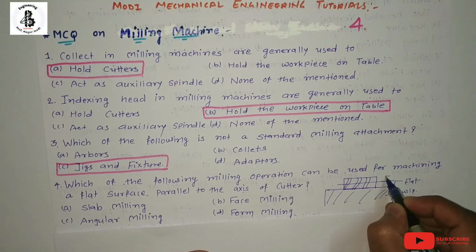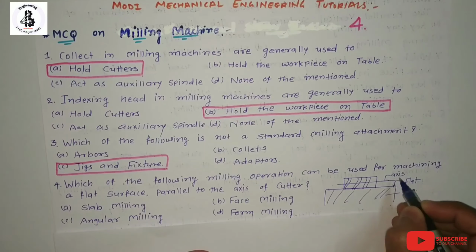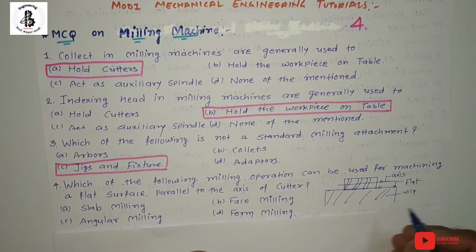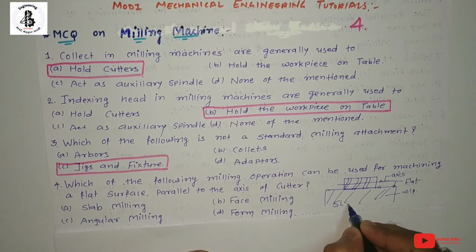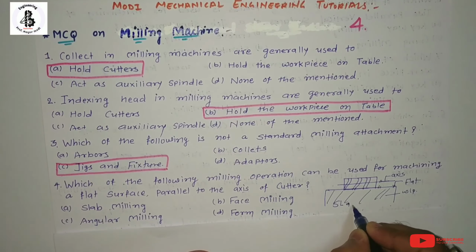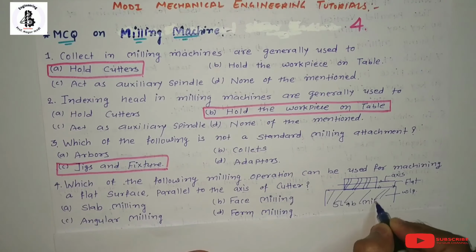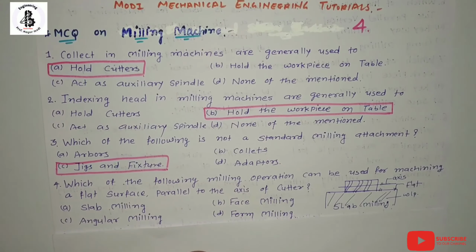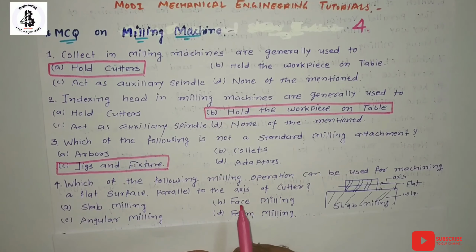So this is the axis of the cutter, and both are parallel. This is the process of slab milling. So the right answer is A.